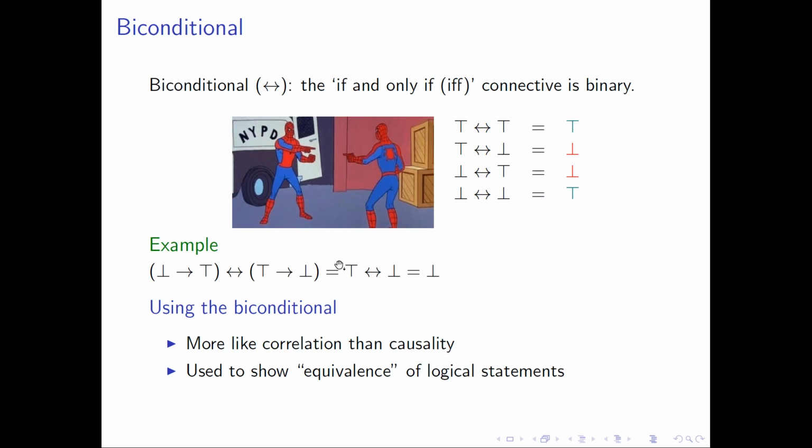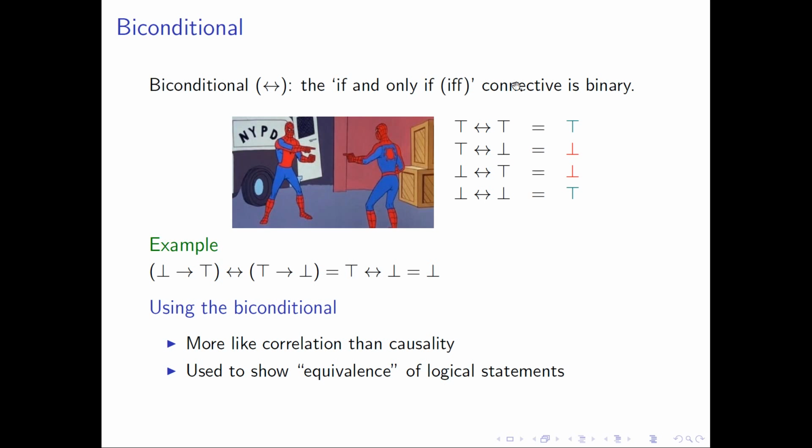So again, there isn't a causality between the two different things. It's more like correlation. These things coincide whenever one happens or the other doesn't happen. So don't think of it as causality, because causality has some sort of temporal assumption in it. But it's not exactly correlation either.